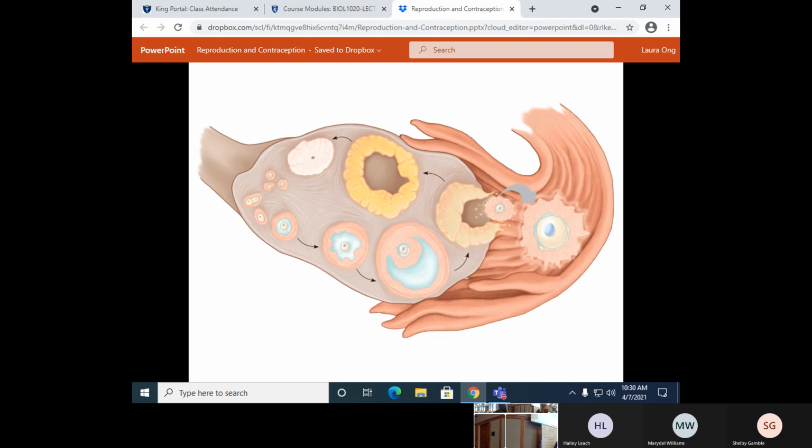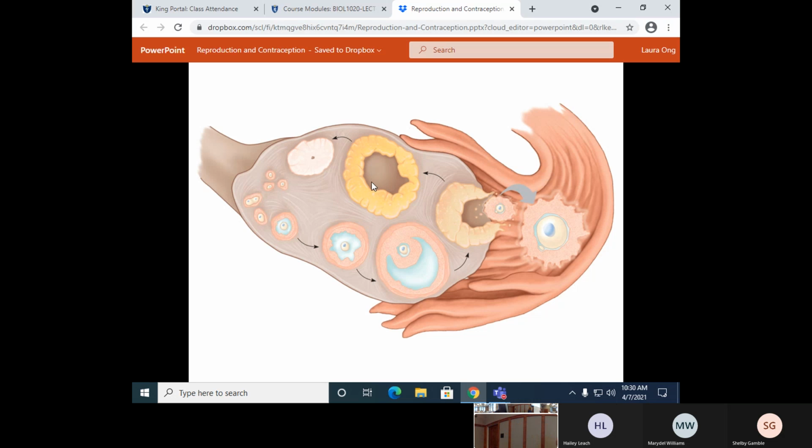And on the picture up there, the corpus luteum is this structure. So there's the egg, it just released during ovulation, and the follicle wall gets left behind, and it turns into this thing called corpus luteum. Corpus means body, and luteum means yellow. And they literally look yellow.